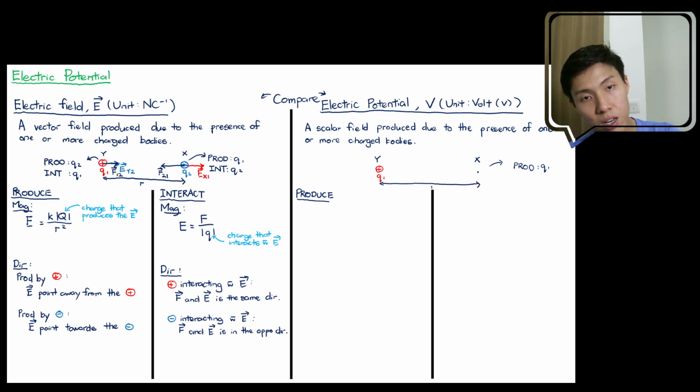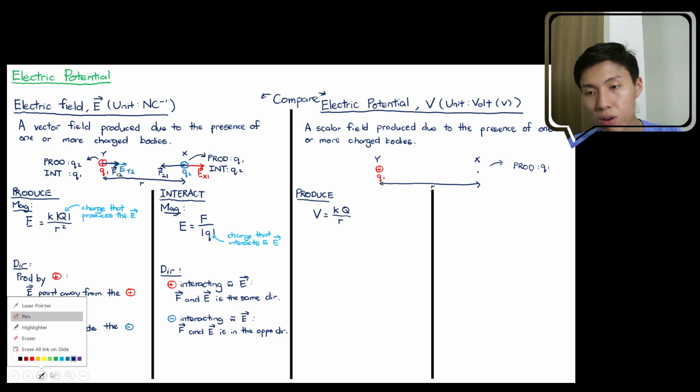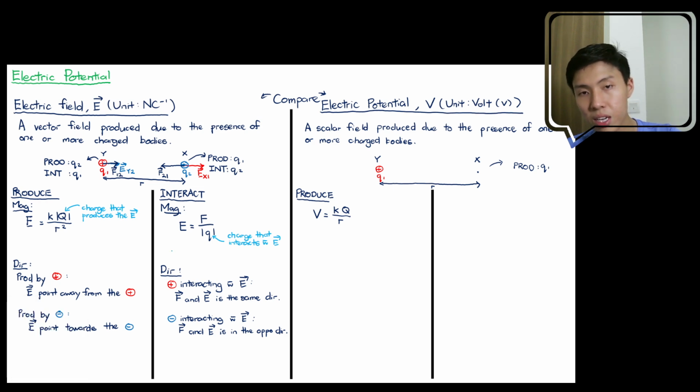The distance here is R. If you want to find how strong the electric potential is at this position, and you know that it is produced by Q1, you can determine its strength by using this equation: V equals KQ over R. Later I will discuss how this equation comes about, but for now just know that this is KQ over R. As usual, I should make a note that this Q is the charge that produces the electric potential.